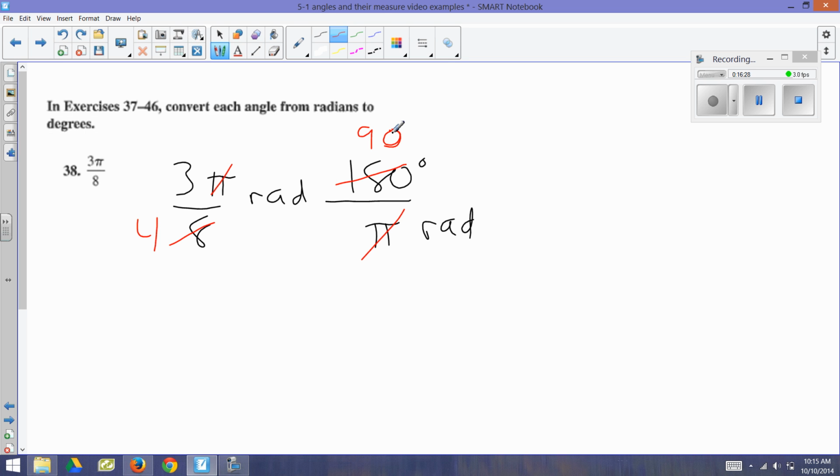So I cut those in half, and then again, 2 and 45. So when you convert this, 45 times 3, 135 over 2, which ends up to be 67.5.